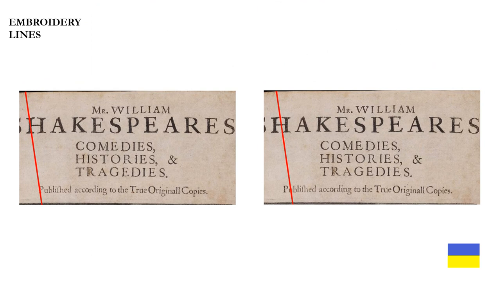As you can see, the left-hand line goes directly through the uppercase P in published and splits the left-hand upright from the rest of the uppercase H. The right-hand embroidery line goes straight through the middle of the uppercase H in Shakespeare. And straight through the lowercase u in published.